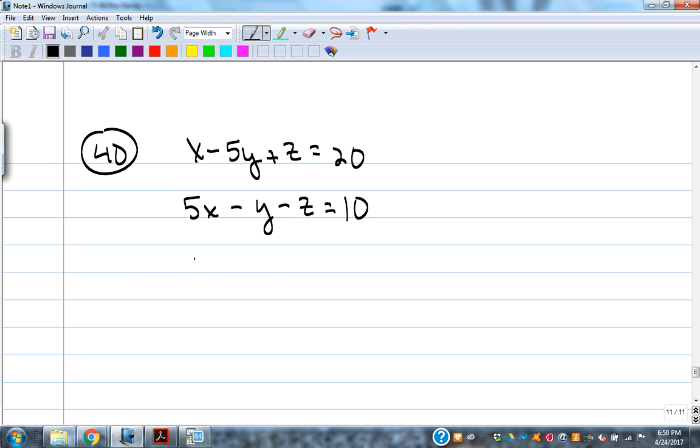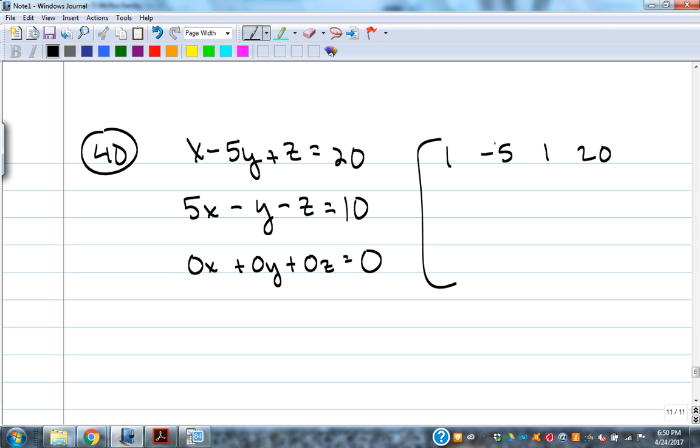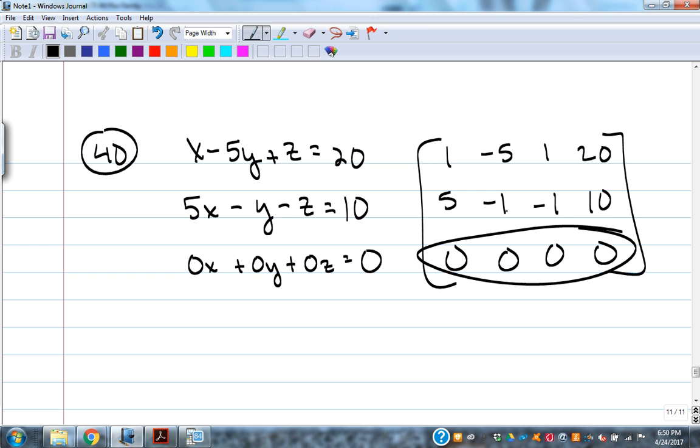What's happening is you've got this other equation so that when you do your matrix, it would be 1, -5, 1, 20, then 5, -1, -1, 10, and then it's all zeros on the bottom row. So that's infinitely many solutions. And they're saying solve the system in terms of arbitrary variable x.